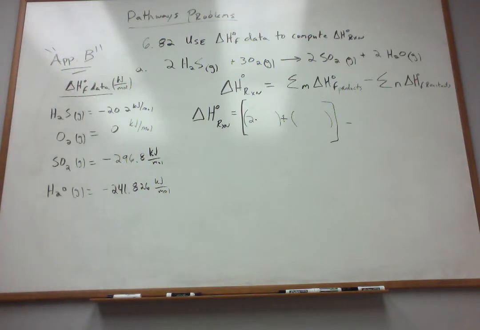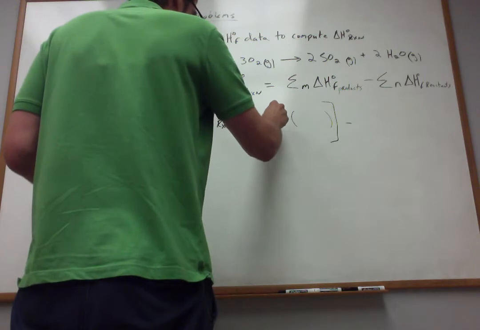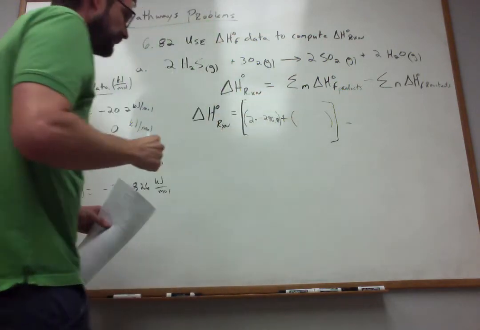It's near the very end. There's an Appendix B. It's got all these heats of formation data in it that you will need to work the problems in the book. That's where I got these from, Appendix B. Now the value for SO2 is negative 296.8, and that's what I'm going to plug into this equation.